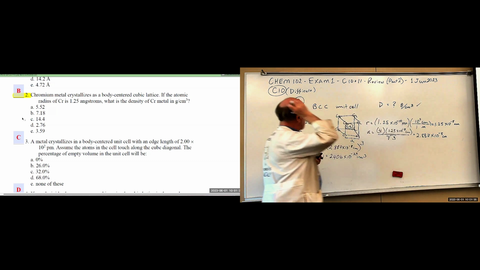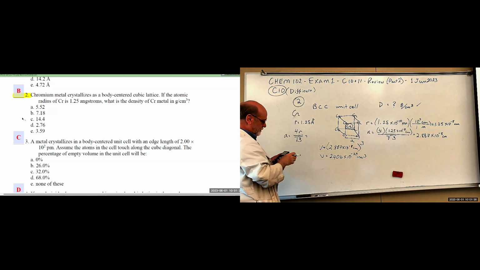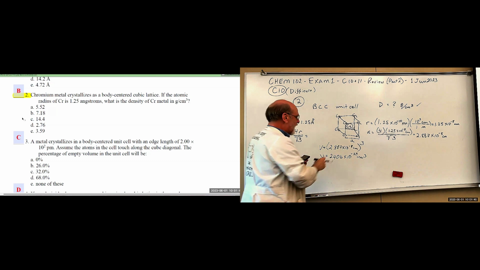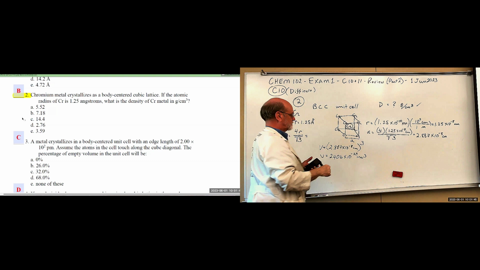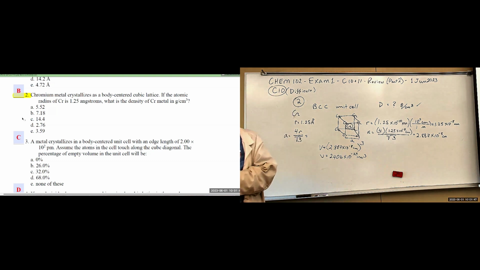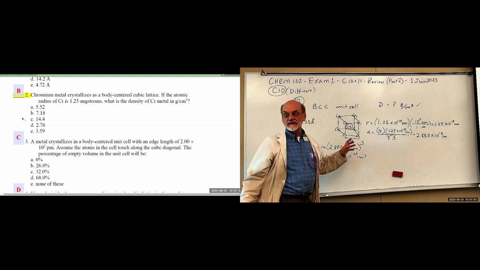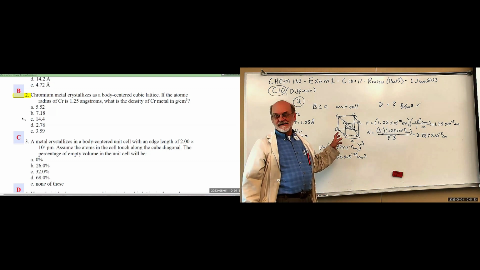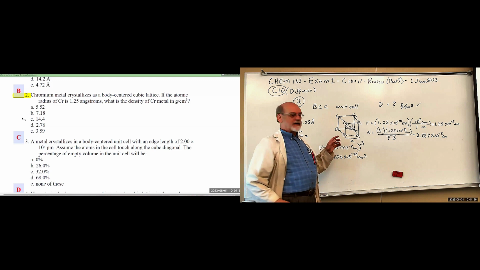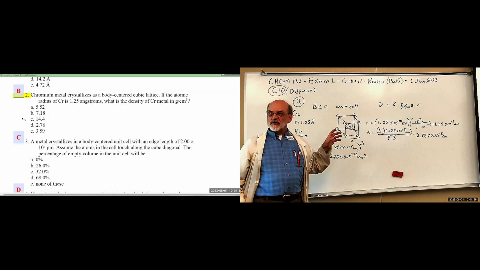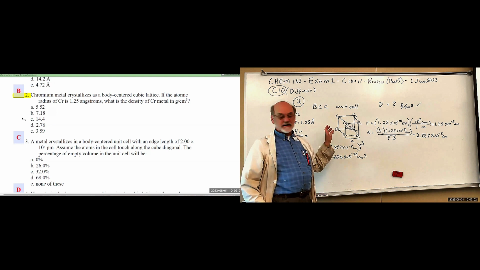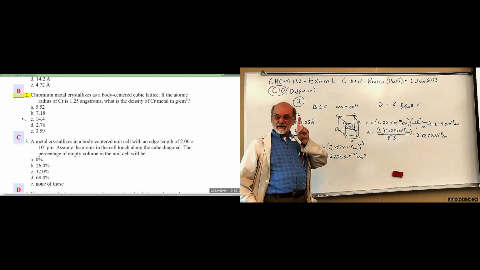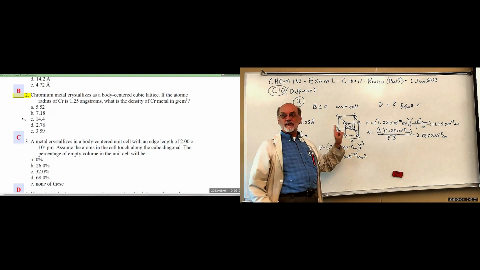Now we need mass. What's the mass? Well, what's the mass relative to this unit cell? How many chromium atoms are in that unit cell? Remember? Let's go through it again. How many are in a simple cubic? You've only got the corners covered. 1/8 of each one, and there are 8 of them, so there's 1 atom per unit cell for a simple cube.